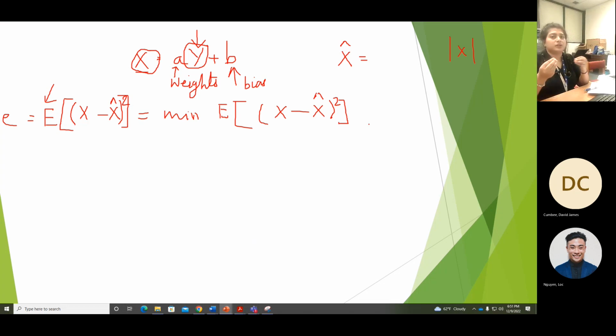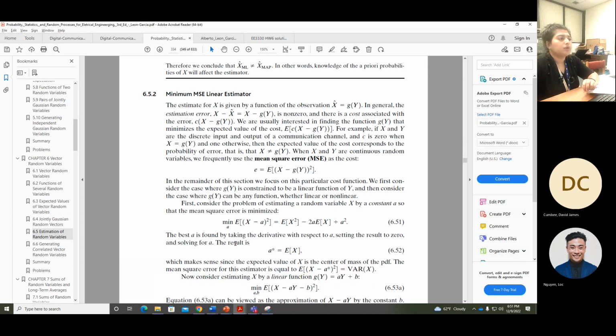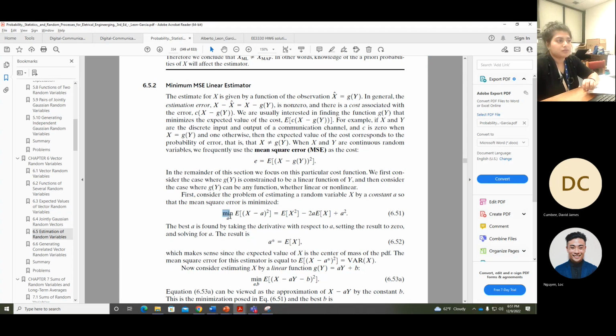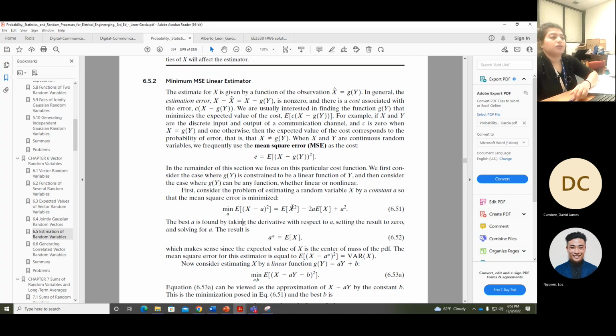So we are trying to build some structural changes, but in this equation, the only parameters you can work with are A and B, right? Because Y is a random variable. You cannot do anything with that, right? That is why in your book you have minimization of A. You see these two values, minimization of A. So you are minimizing A. Once you minimize A with respect to the equations that are given, you find an A star.